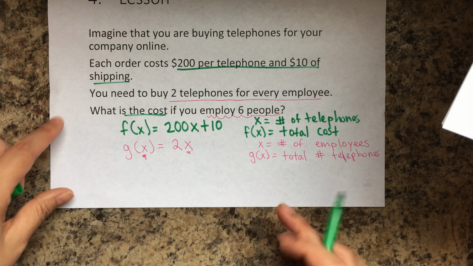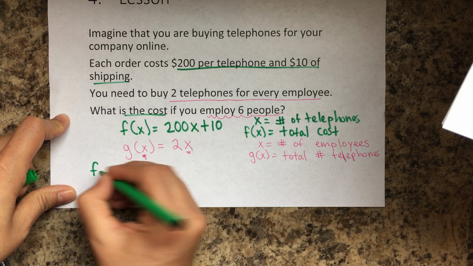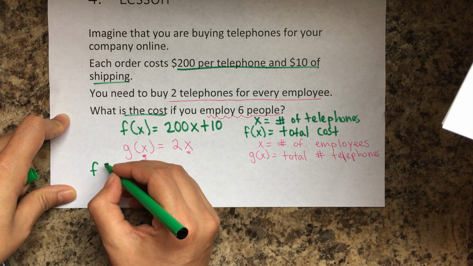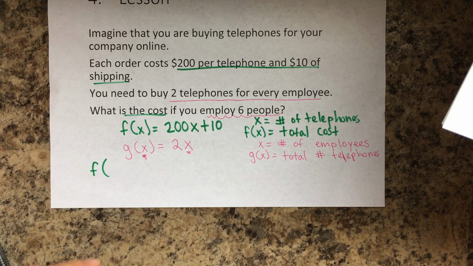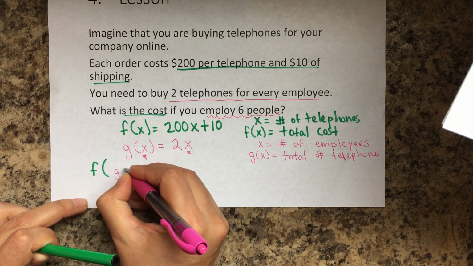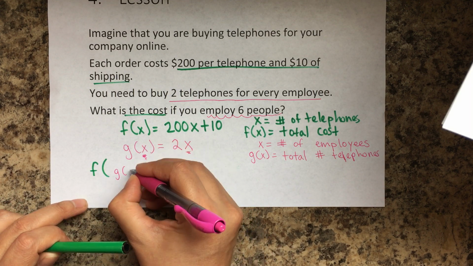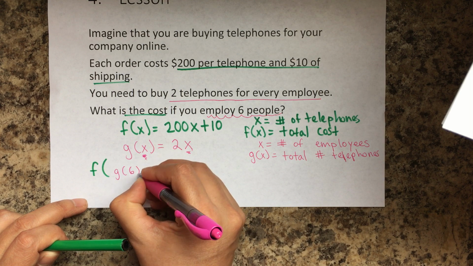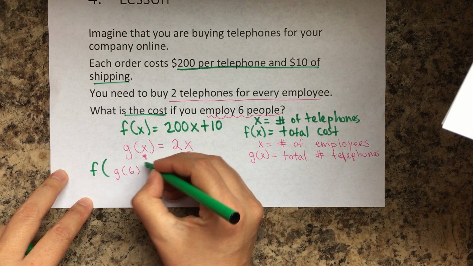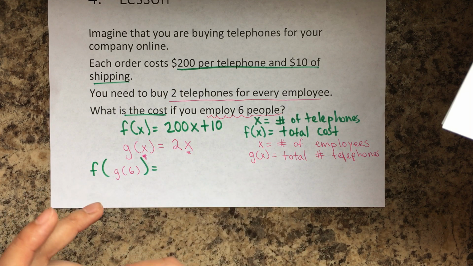So basically you're using both of the functions. So it's f of g of 6, where x is 6 employees, and that will give me the cost.